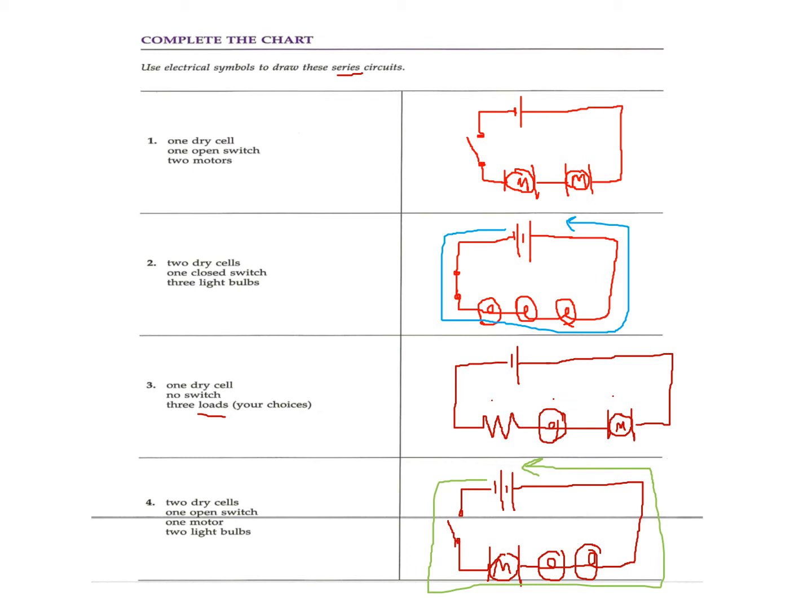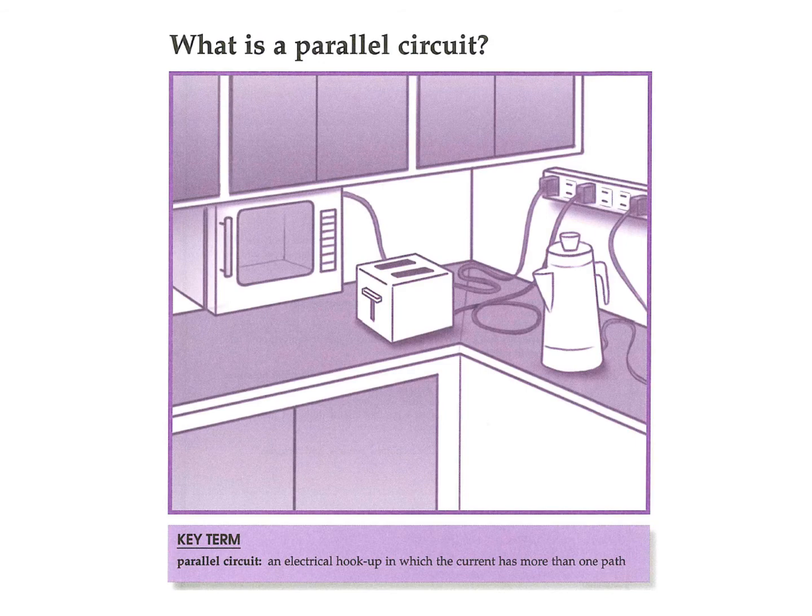The next booklet we are going to do is called parallel circuit. That's the circuit you use in your house, because the toaster is on, the microwave is on, your kettle is on, your toaster is off. So you can have more than one path.